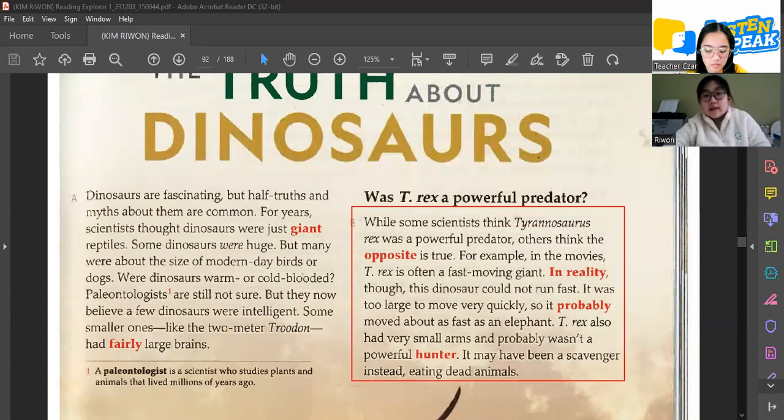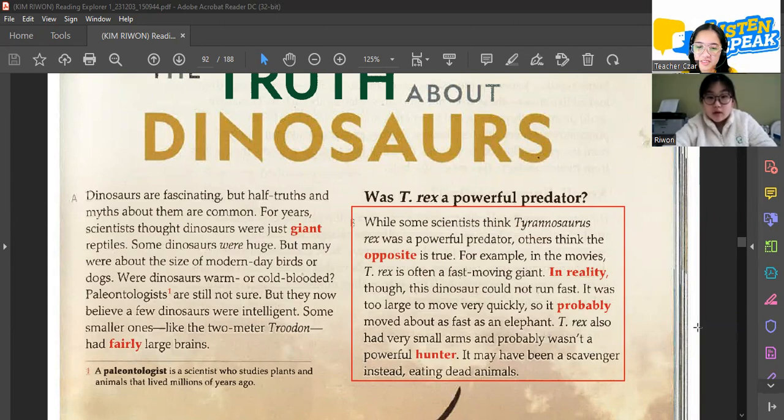Was T-Rex a powerful predator? While some scientists think Tyrannosaurus rex was a powerful predator, others think the opposite is true. For example, in the movies, T-Rex is often a fast-moving giant. In reality, though, the dinosaur could not run fast.